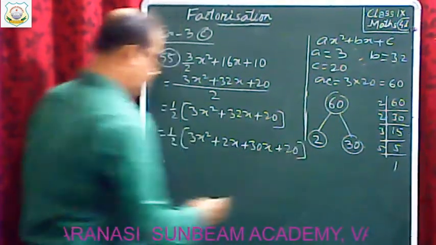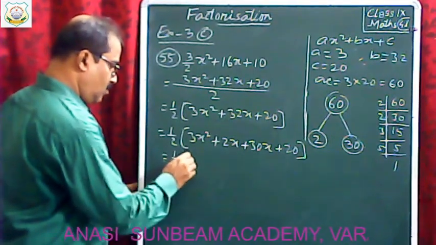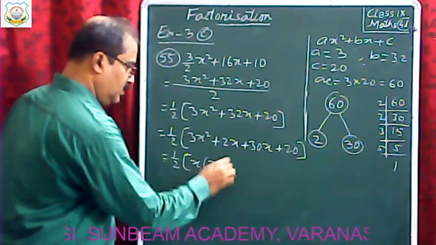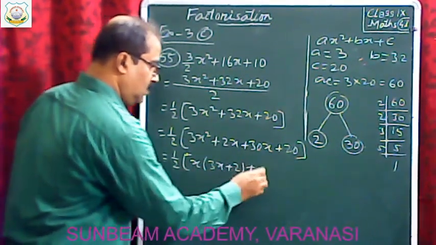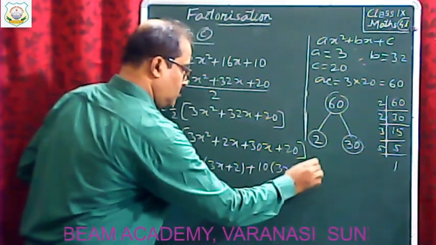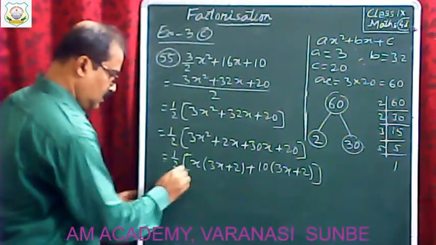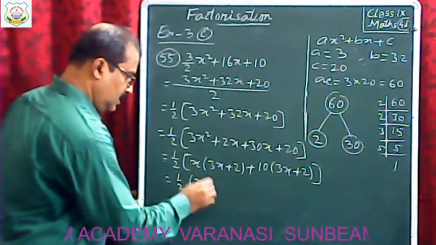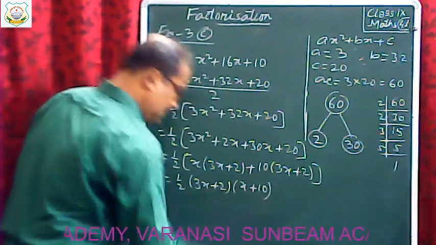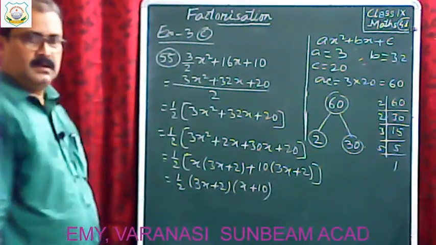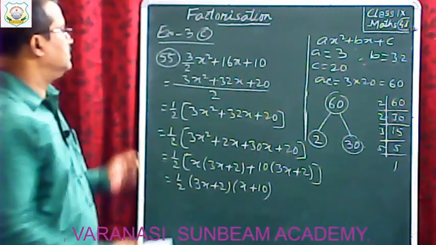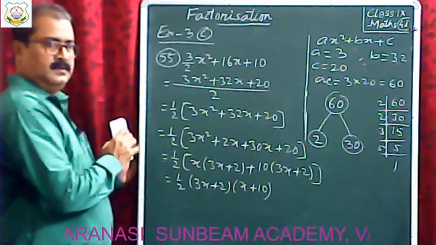Thereafter take out common from the first two terms. x is common, so 3x plus 2 left. From the last two terms 10 is common, so 3x plus 2. And thereafter take 3x plus 2 common, so x plus 10 within the bracket. Okay, so simple. Done?